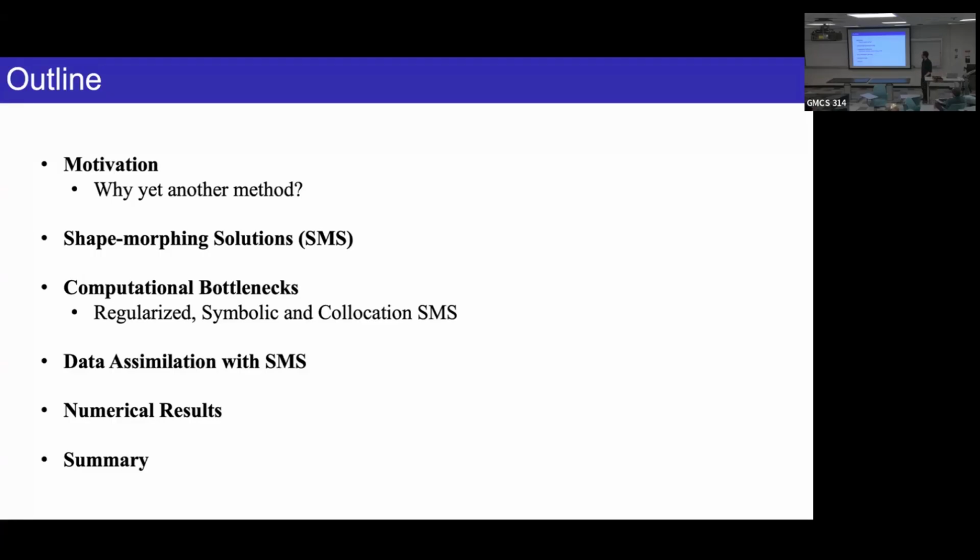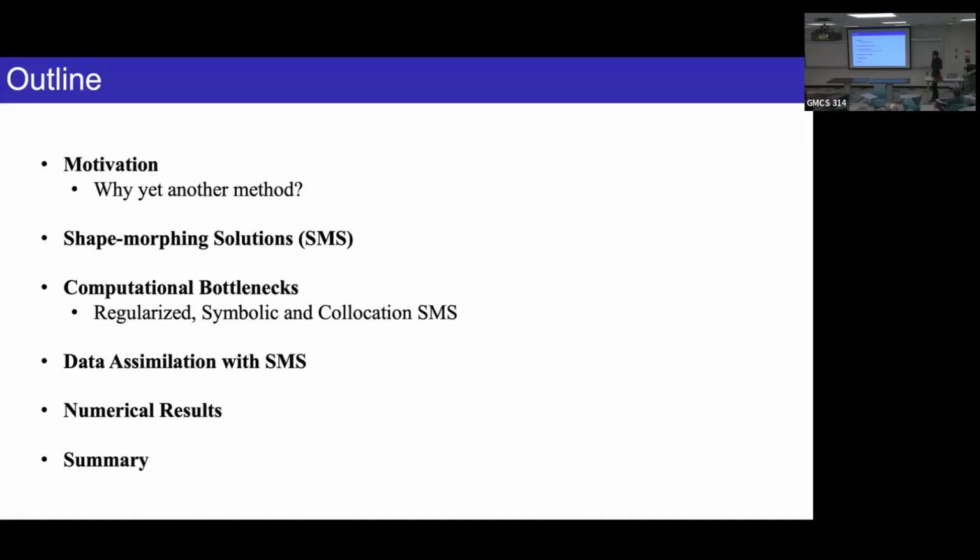So I'll motivate this at the beginning, then introduce you to the idea of shape-morphing solutions in that context, and the equations that govern their evolution, and then some computational aspects of these kinds of solutions. And if there's time left, I'll give you some results related to data assimilation with these shape-morphing solutions, or SMS, as I will refer to them for short.